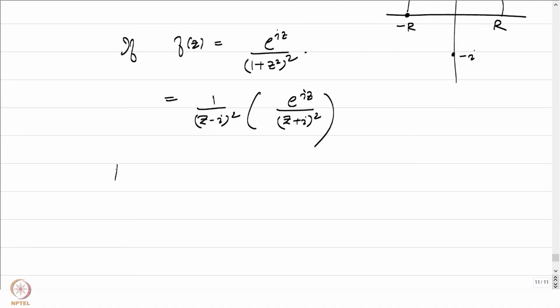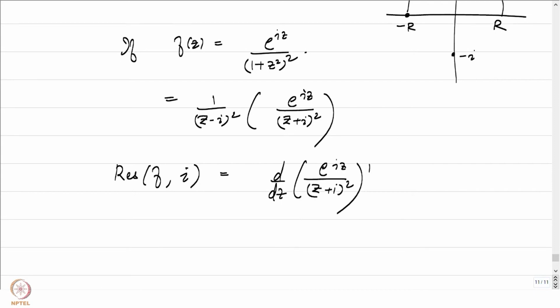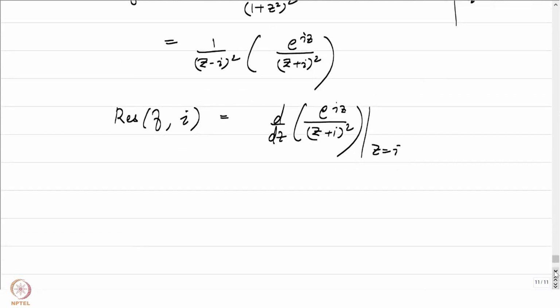And therefore, the residue of f at the point I is just going to be equal to d by dz of e to the power iz by (z plus I) the whole square, evaluated at z equal to I, which I have done the computation already.